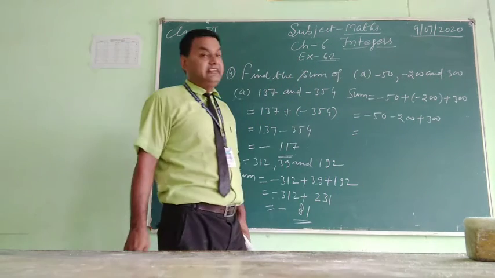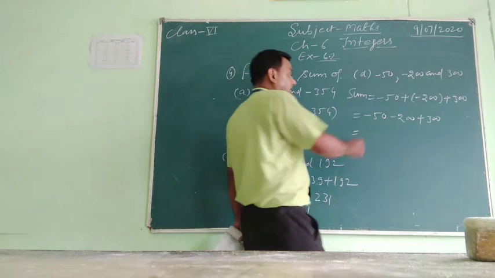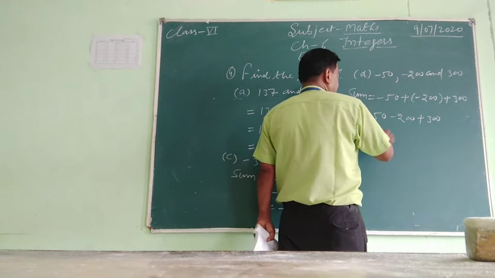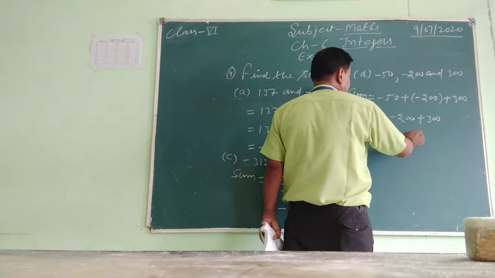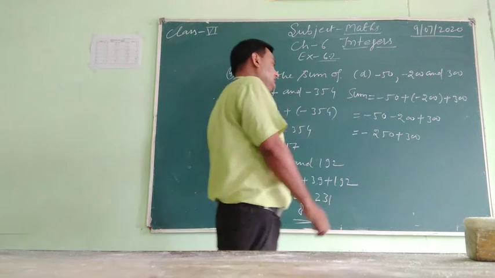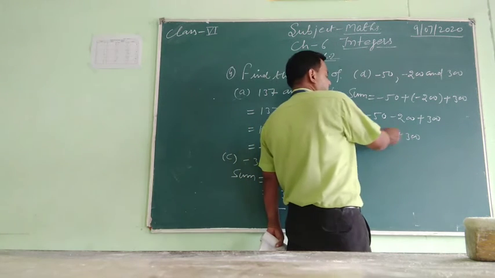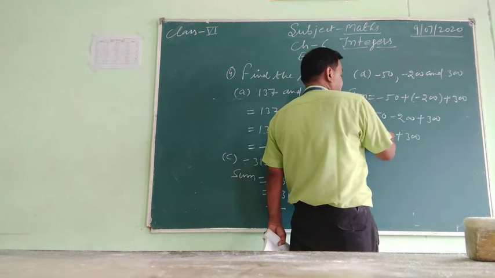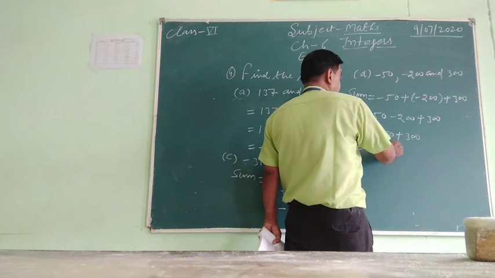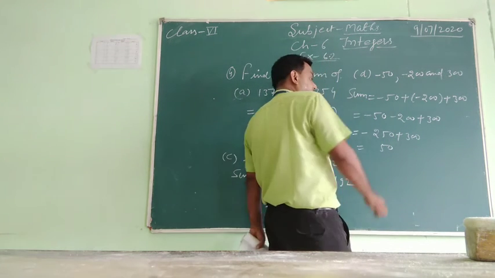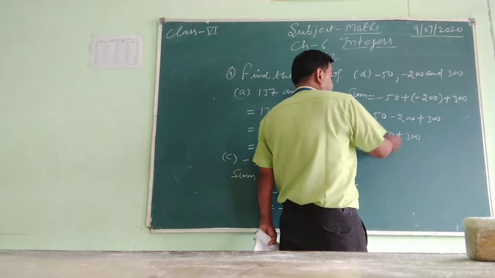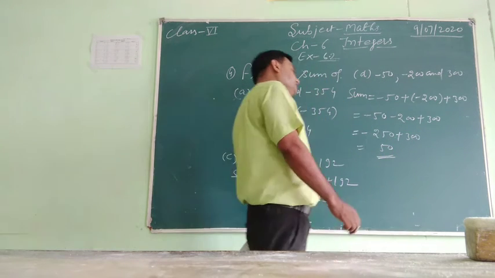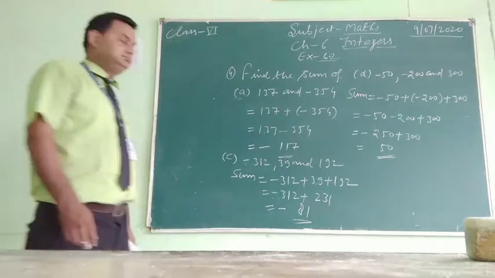Minus 50 minus 200, minus plus minus, sign minus, 50 and 200, 250, plus 300. 250 is negative and 300 is positive. So plus minus minus, 300 minus 250 equal to 50. The sign is positive, so we have no need to write the positive sign. So 50 is the answer.